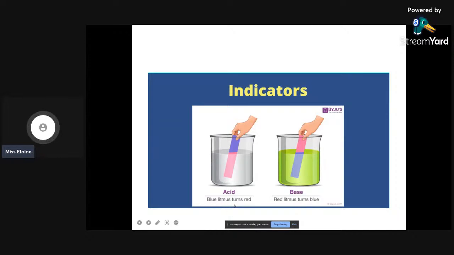So blue litmus turns red for acid, while for base, red litmus turns blue. Litmus is a water-soluble mixture of different dyes, extracted from lichens.